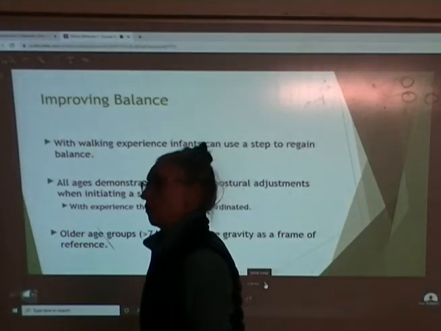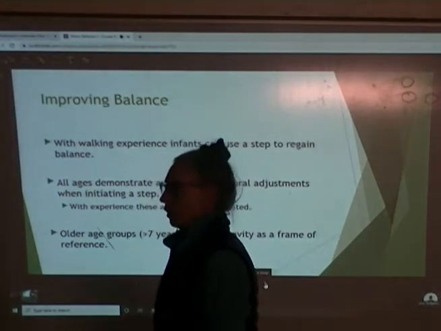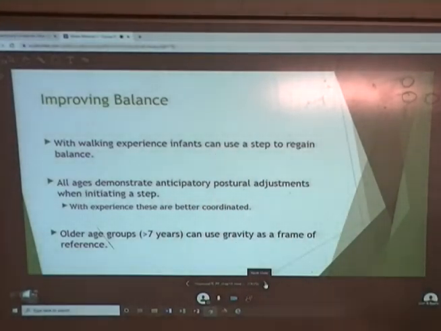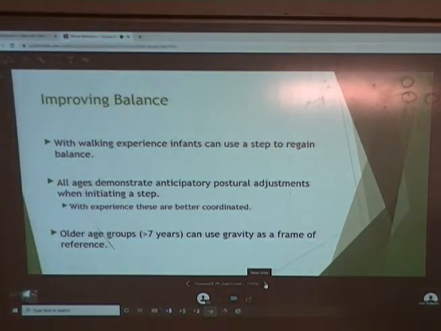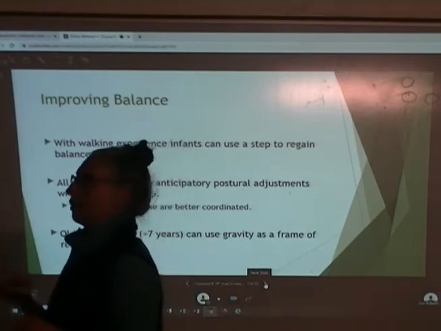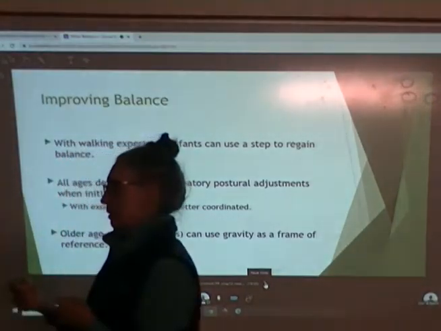They don't move their feet. With about 2.5 to 3 months, so 10 to 12 weeks worth of walking experience, when they perturb them, they take a step forward to regain their balance.